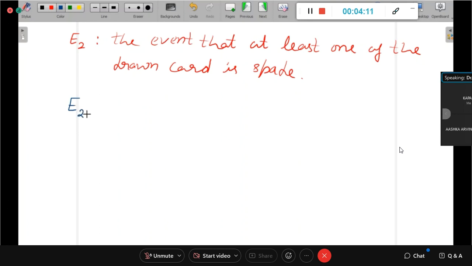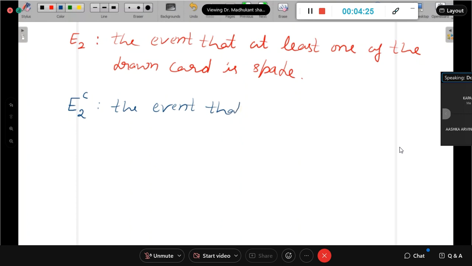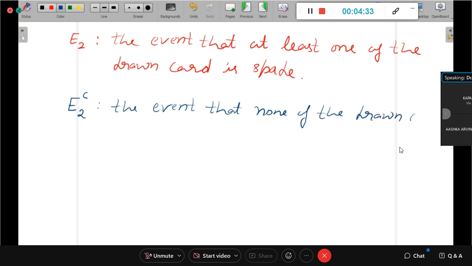Now, if I write down the negation, E2 complement, it is the event that none of the drawn cards is a spade.